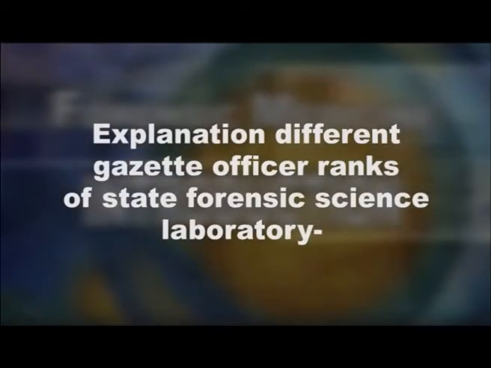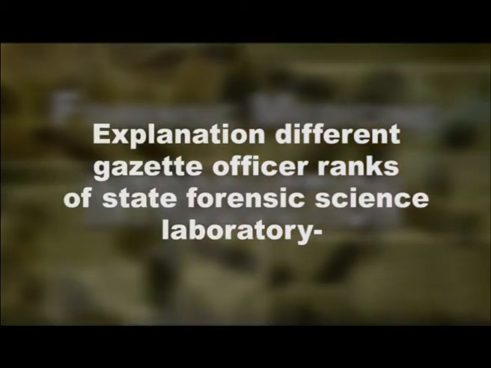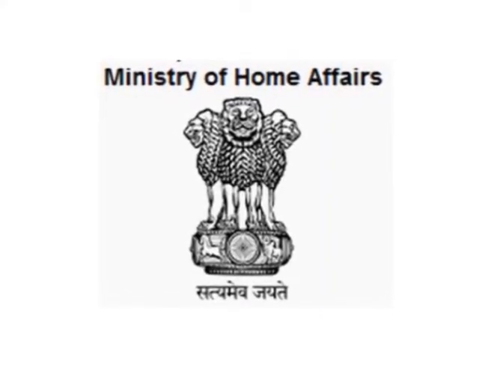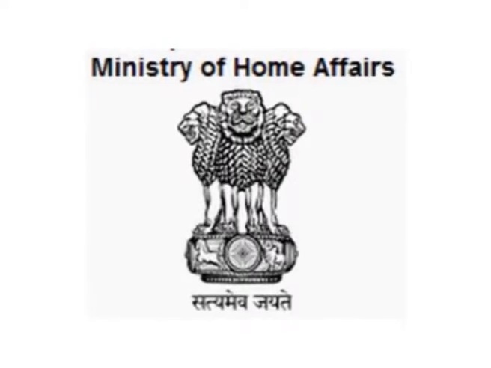Explaining the different ranks of the gazetted officers in a state forensic science laboratory. With this table, you are able to understand the hierarchical position in the State Forensic Science Laboratory. Director. The Director of a forensic science laboratory works under the supervision of the police or Ministry of Home Affairs of their respective state.